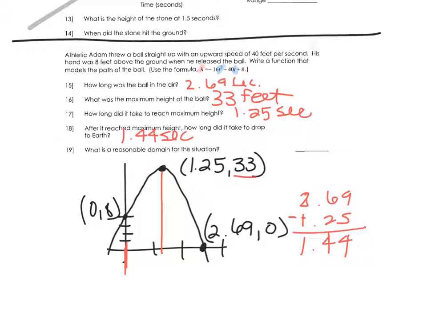And finally, what's a reasonable domain for this situation? 0 is less than or equal to x is less than or equal to what? What's my biggest x value? 2.69. There we go.